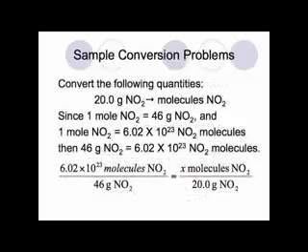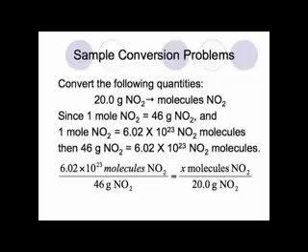My final sample problem has to do with taking 20 grams of nitrogen dioxide to molecules of nitrogen dioxide. This sometimes is the hardest thing to grasp. It's easy for us to look at, okay, 1 mole is equal to molar mass, and 1 mole is equal to 6.02 times 10 to the 23rd.